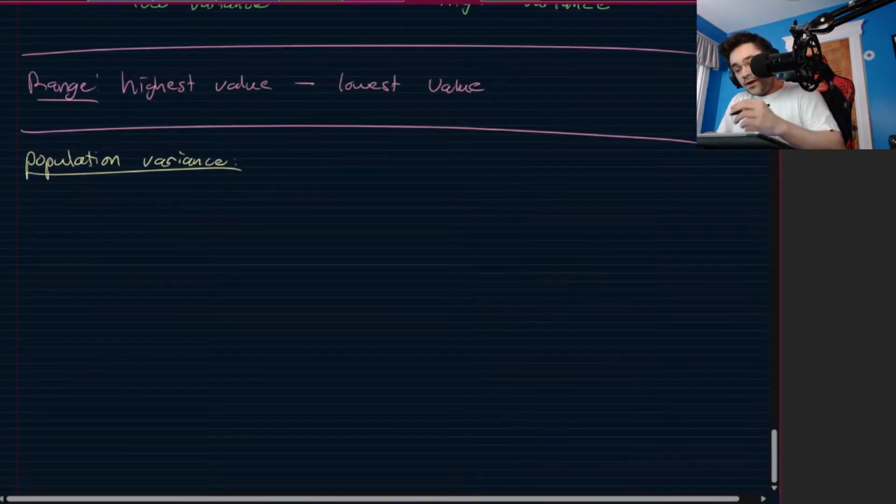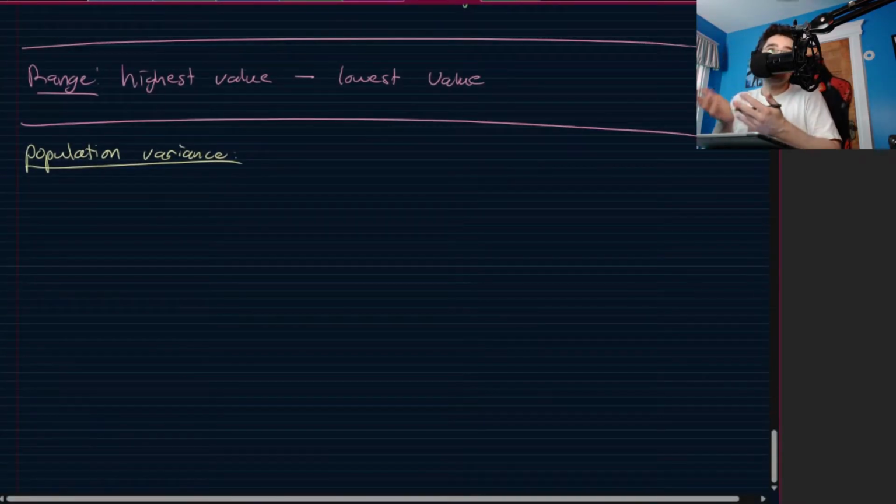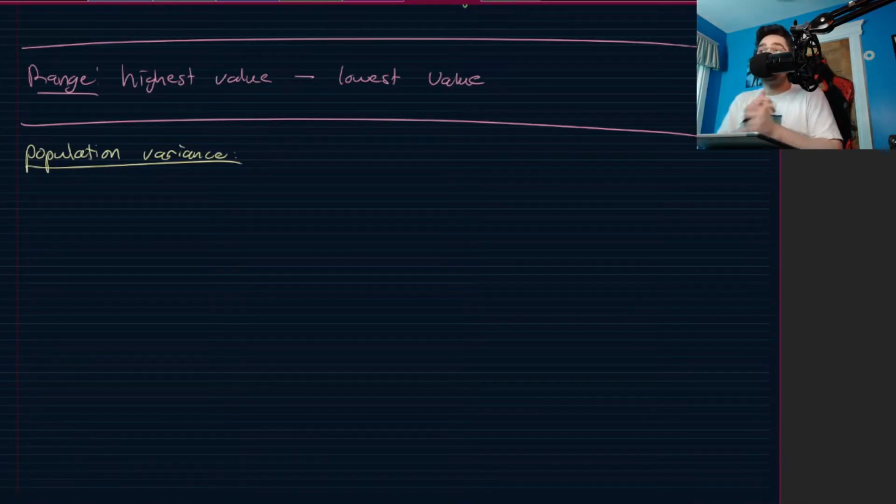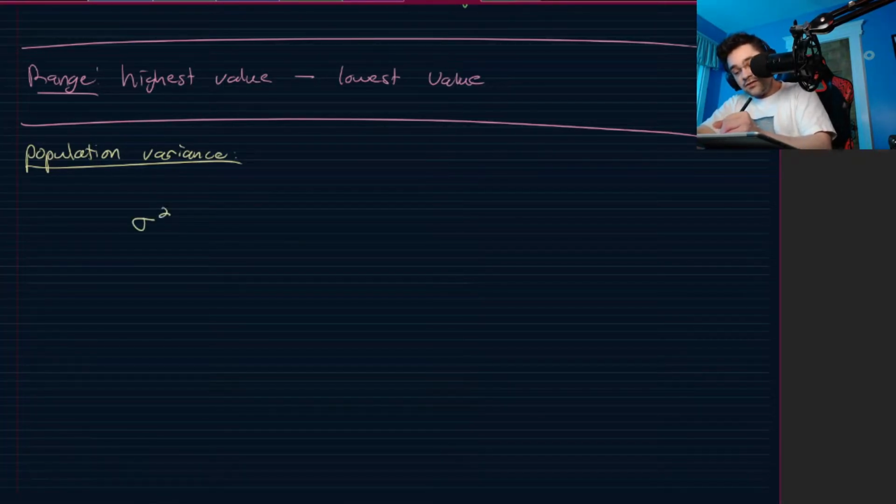Okay, so remember, it's a population measure, so it needs a Greek letter. For this, they use a lowercase sigma. And actually, population variance is a squared data value. So population variance is called sigma squared.